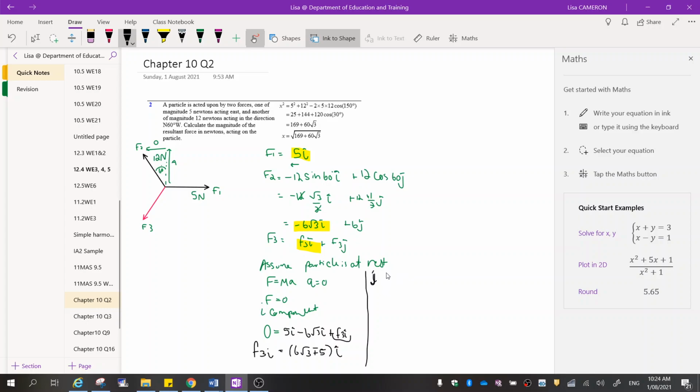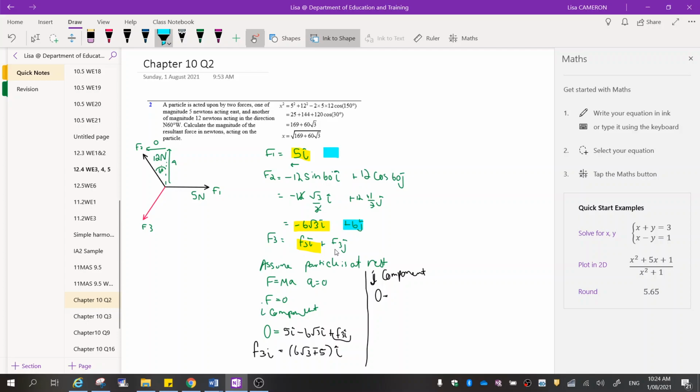Okay, so j component is going to be 0 equals. Now we're going to group together our j components. Here there's no j component, it's 0, so we just ignore it.